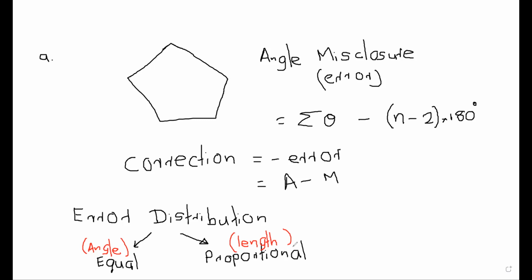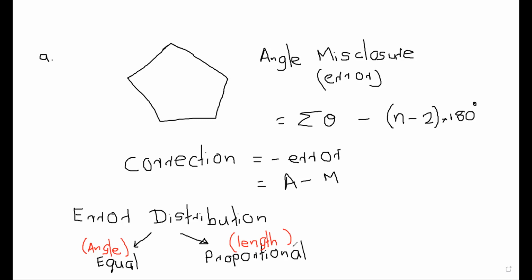You cannot make 10 degrees into 11 degrees by changing the ruler or protector. You cannot change the scale like that. Therefore, practically, hope it is clear, when you take angle measurement, we usually use equal distribution, and for lengths, usually we use proportional distribution.